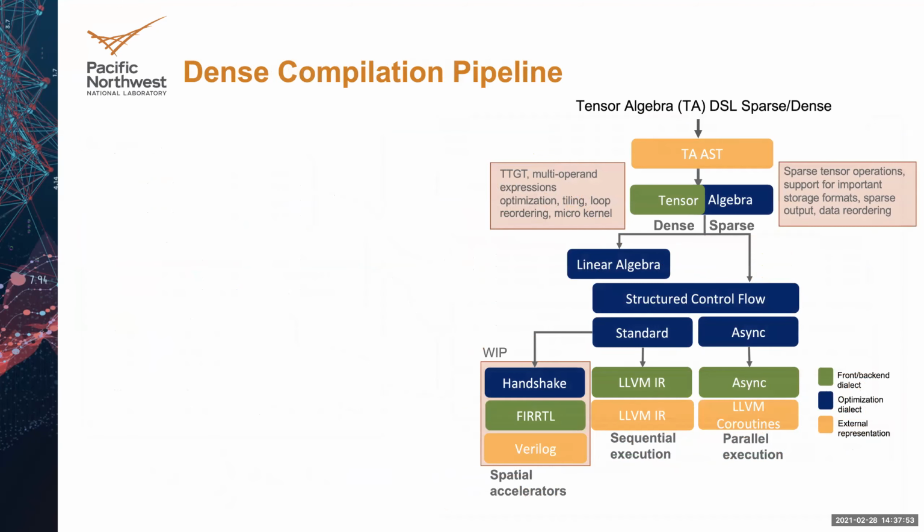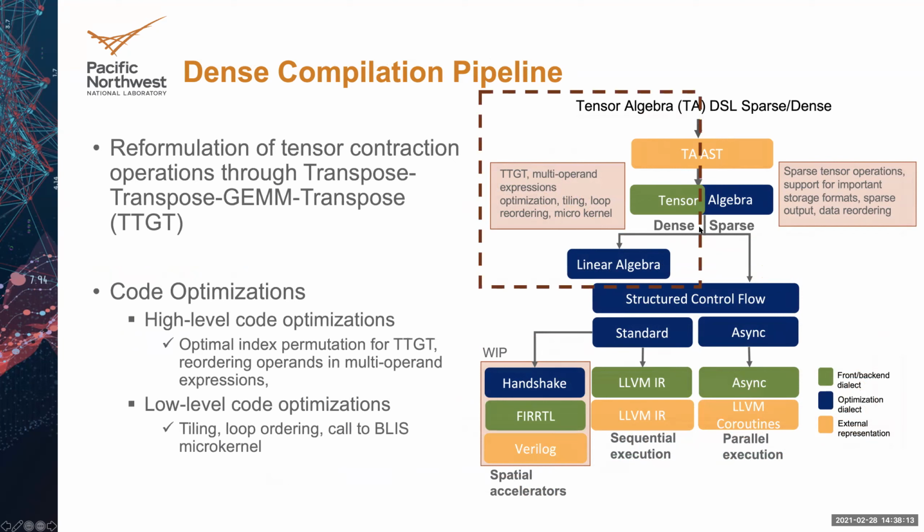Now going into the details of how we optimize our code considering dense tensor contractions. From the language to the tensor algebra dialect, I showed how we go from the TA AST to the tensor algebra dialect, and the lower part focuses on how we can optimize this code.